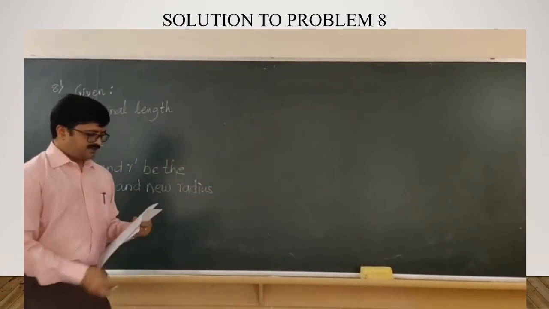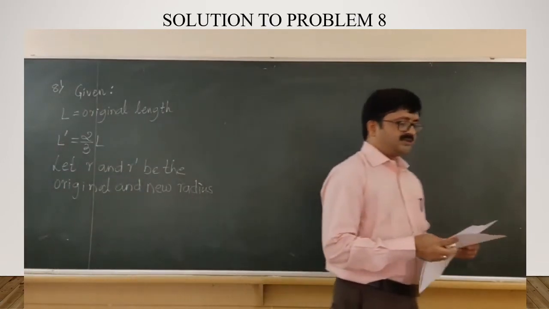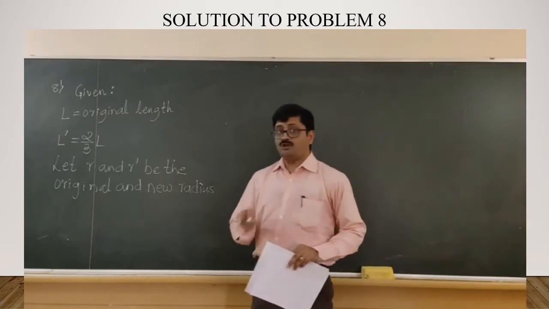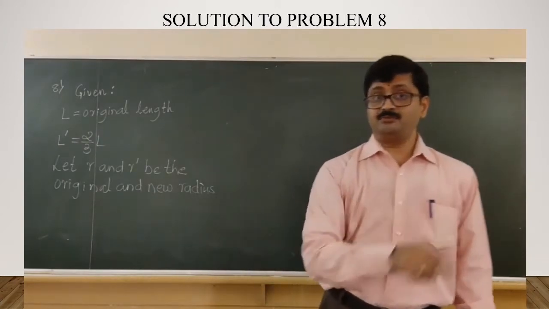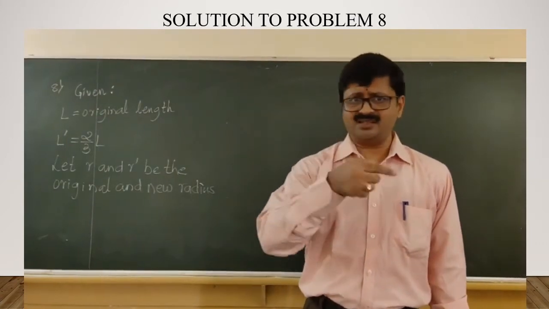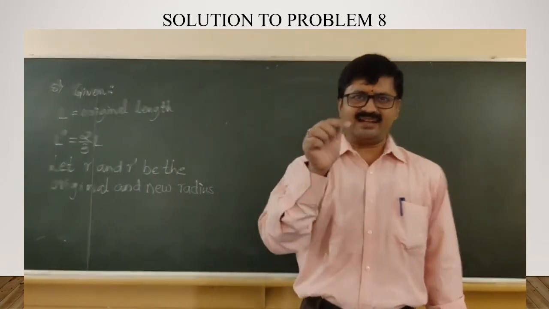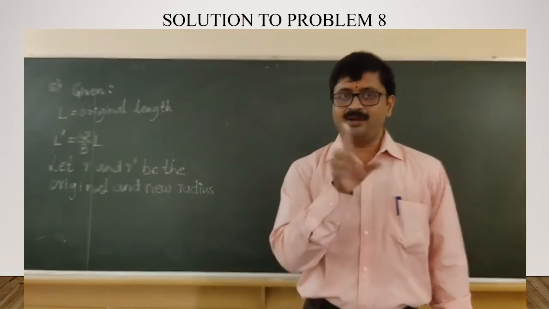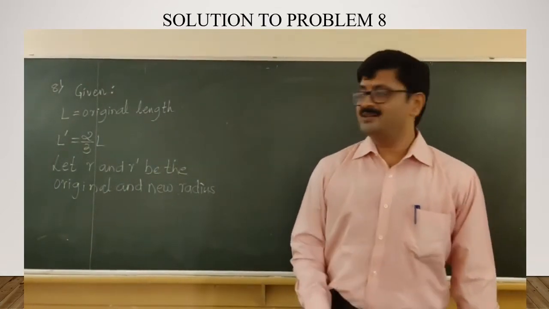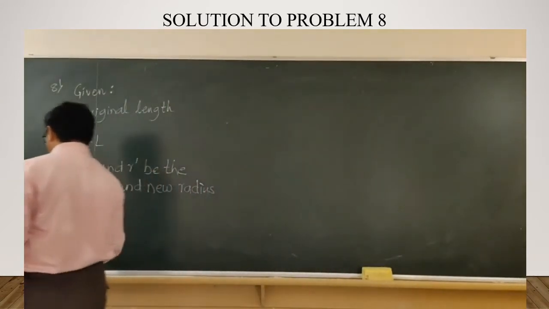Then accordingly I can very easily write down the volume constraint. Please remember, my friends, if length is increased, radius will decrease. If length is decreased, radius will increase. But volume of that particular wire will remain the same, no? So hence we can go ahead with that approach.